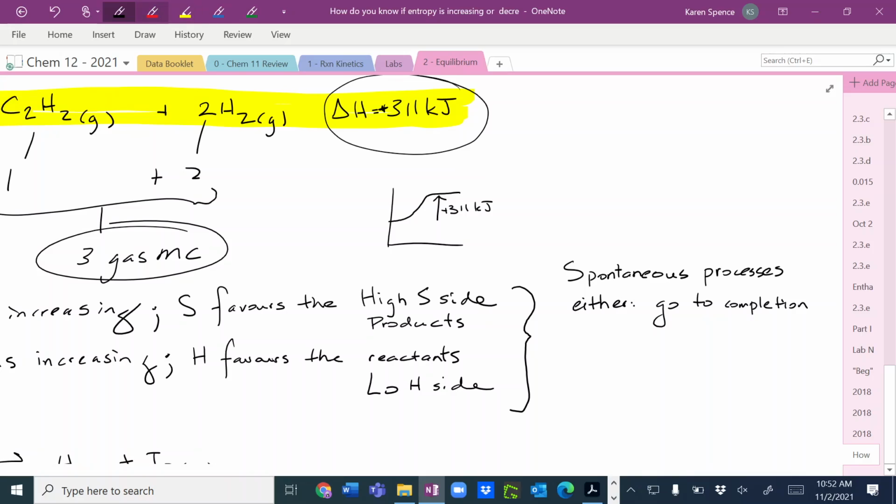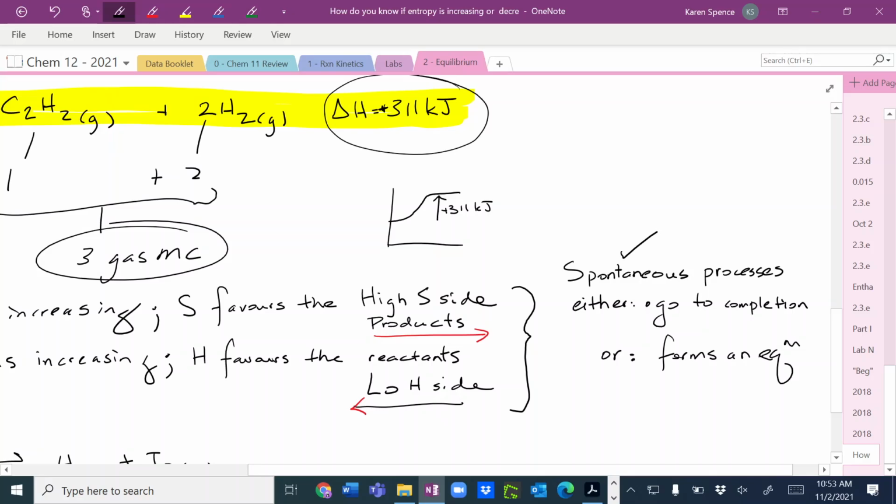No, because we've got one thing pushing that way and one thing pushing the other way. So a spontaneous process is one that either goes to completion or that forms an equilibrium. Does this one form an equilibrium? Yes, it does. And therefore, this is a spontaneous process.